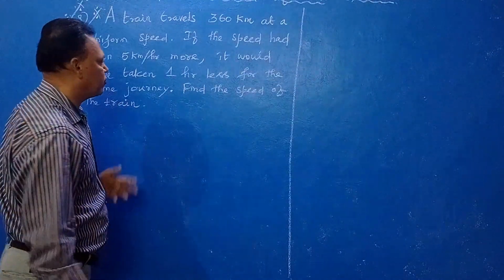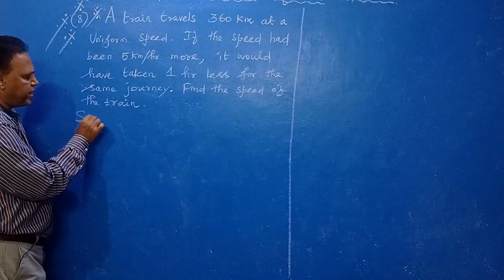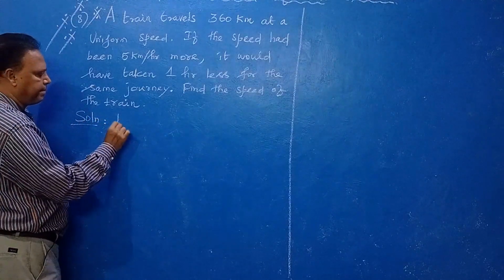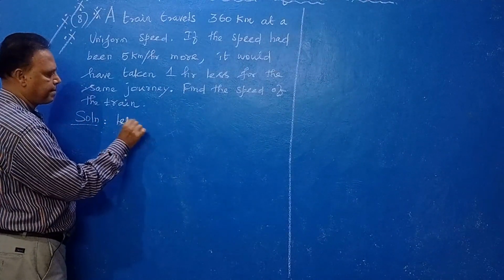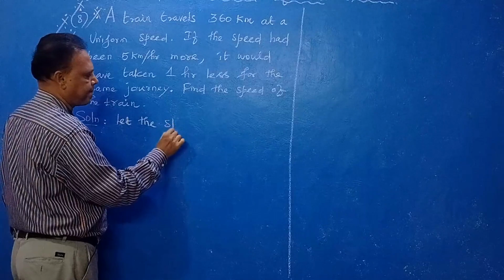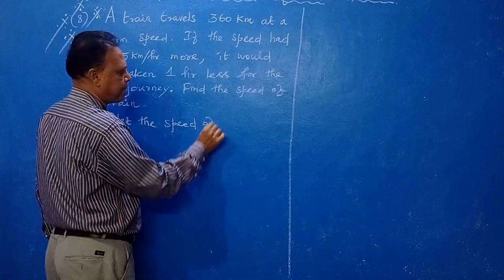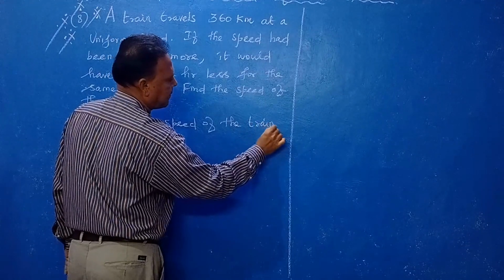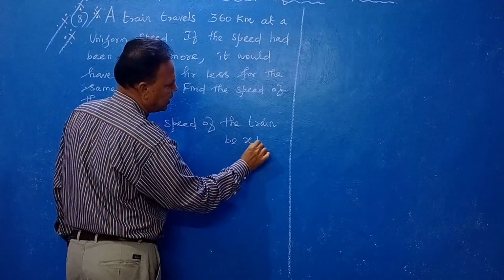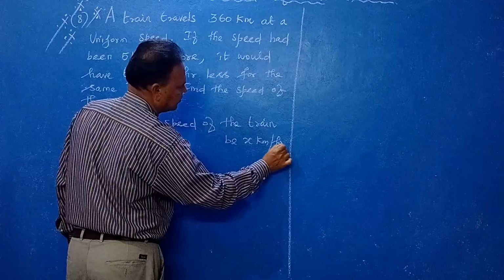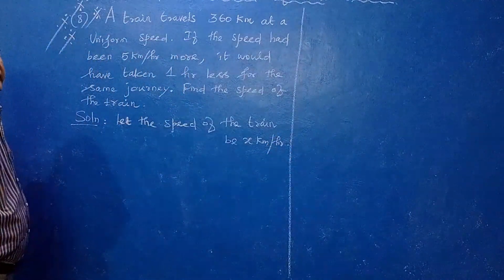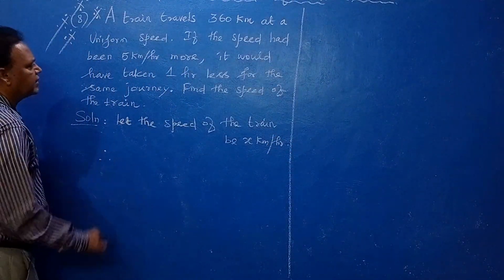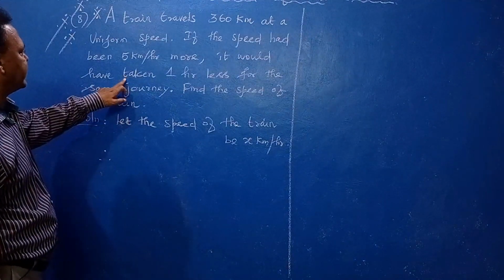So first you take, let the speed of the train be x kilometer per hour. Therefore, increase the speed of the train.